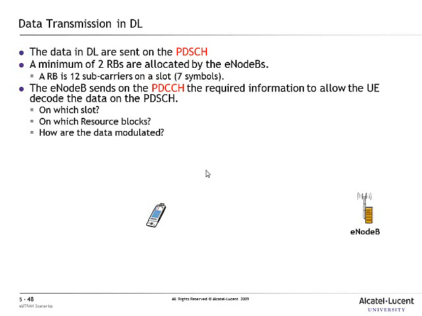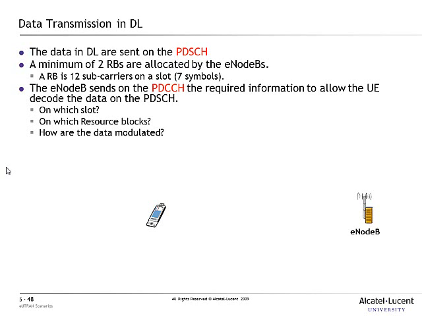Now, when we allocate a resource block, the UE has no idea which resource blocks were allocated. So it cannot go searching every resource block to see if its data is there. So what we do is, on the control channel PDCCH, we send information telling the user where its data is. It tells on which resource blocks your data is, and on which slots, meaning within a frame. And how is the data modulated? Which modulation schemes are you using?